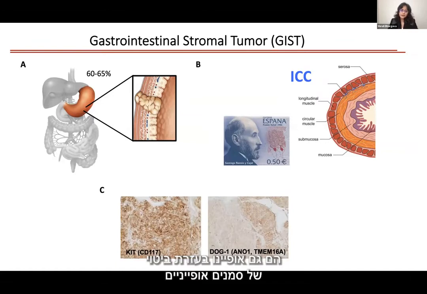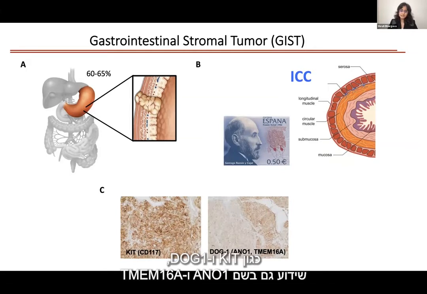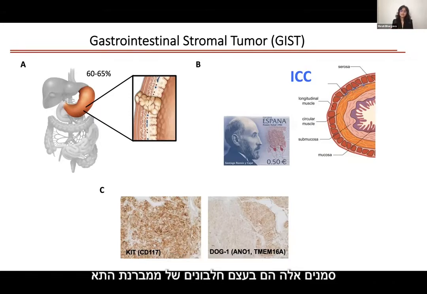It is also characterized by the expression of characteristic markers like KIT and DOG1, also known as ANO1 and TMEM16A. These markers are actually membrane proteins and are present in high amounts on the GIST cells.